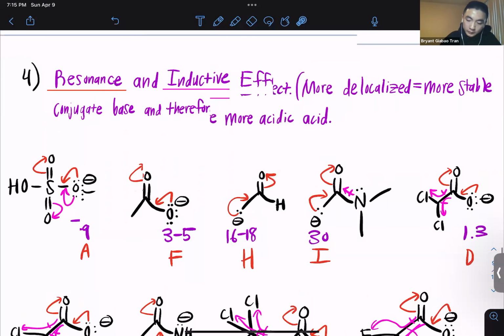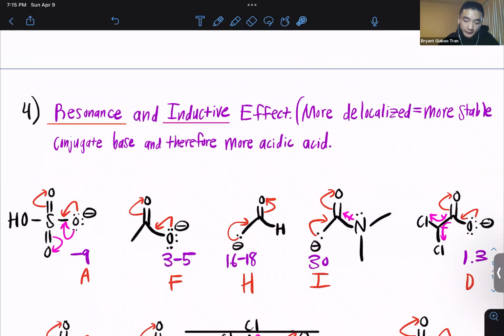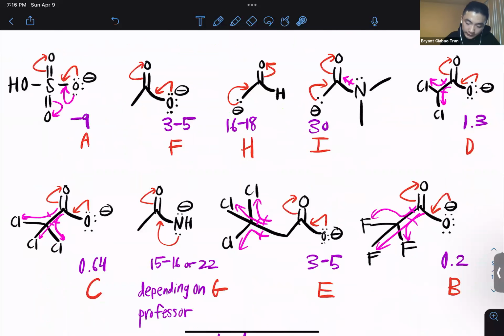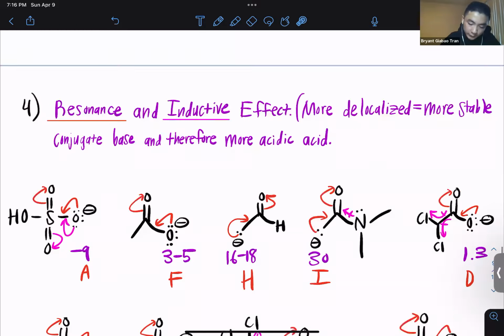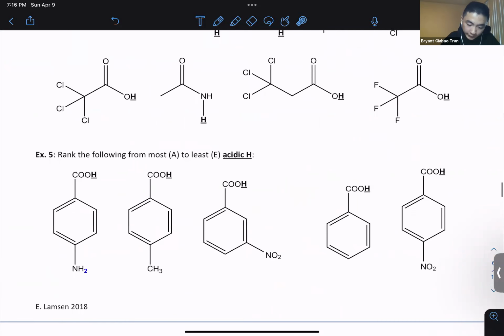And what determines the stability of conjugate base is the ability to do resonance and have inductive effect. So the more delocalized the negative charge is in the conjugate base, the more stable you are, and therefore the more acidic acid you came from. So these are the compounds' conjugate bases where I deprotonated every single hydrogen here.